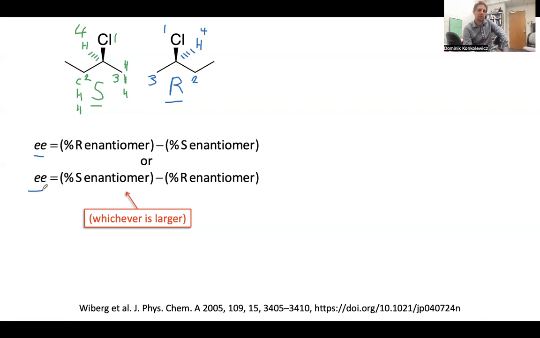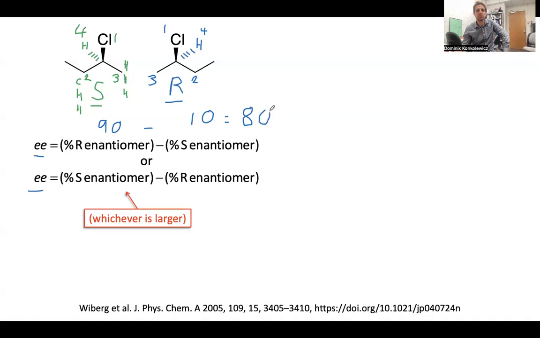So let's say that we have a solution which is 90% R and 10% S. In that case, the enantiomeric excess would be 90 minus 10. So that would actually be 80% EE. The enantiomeric excess would be 80%.